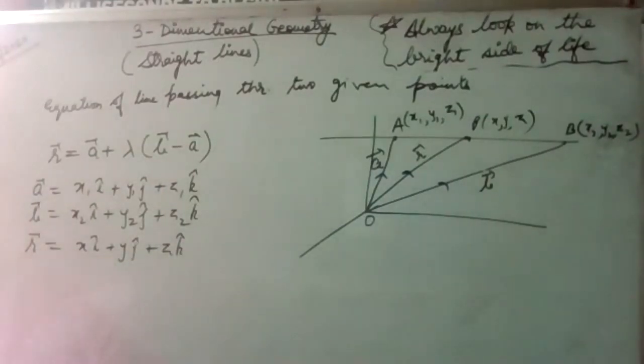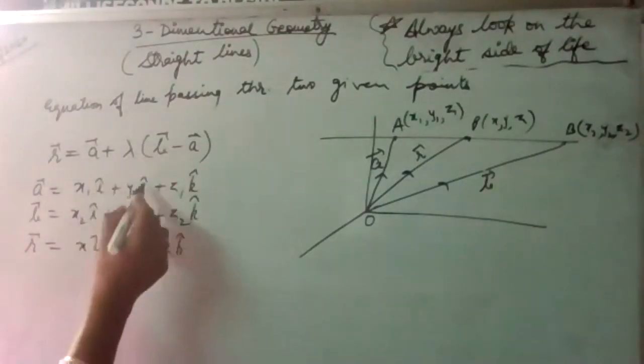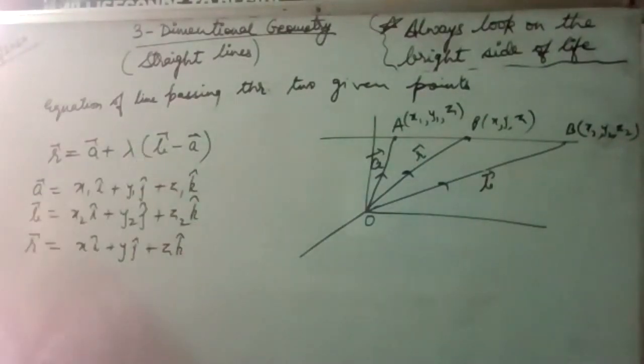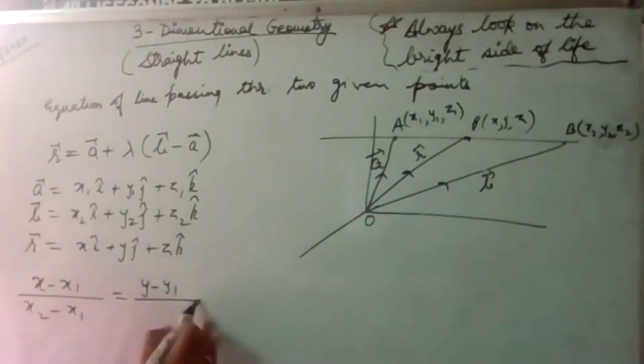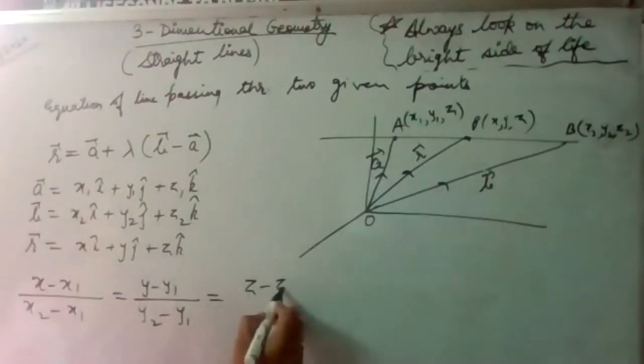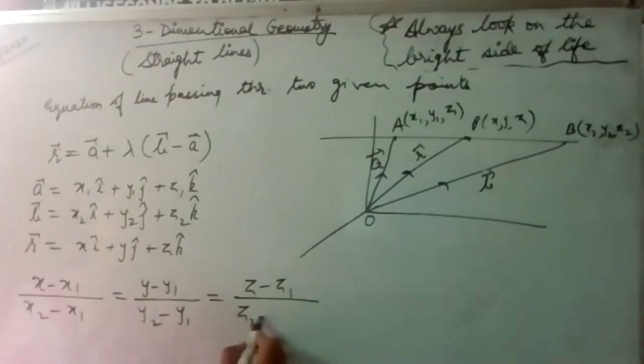And we can get the Cartesian form by putting these in the vector form. Putting all these values in the vector form, we get the Cartesian form as (x minus x1) upon (x2 minus x1), (y minus y1) upon (y2 minus y1), (z minus z1) upon (z2 minus z1).